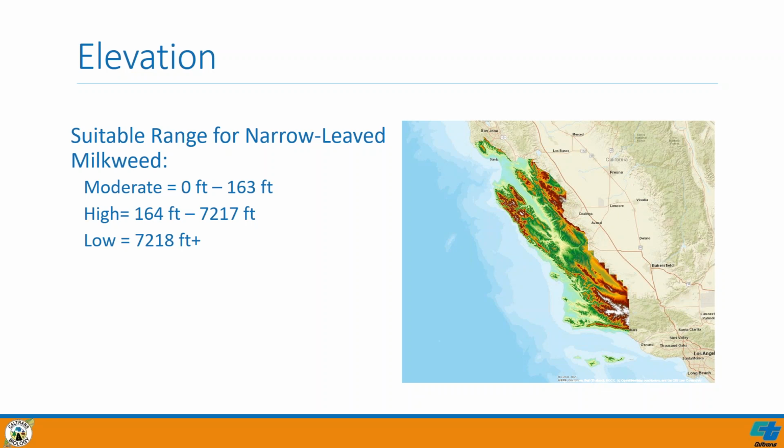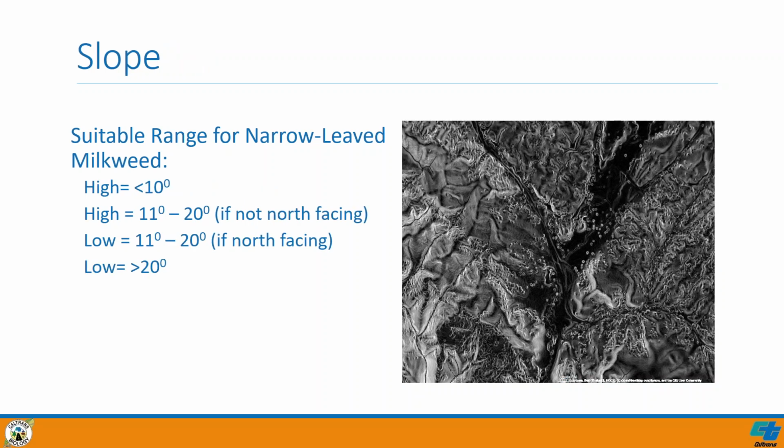In this case, moderate received a value of 1, high got a value of 2, and low was a value of 0, so we're excluding anything outside this range. All right, elevation. Now we start working on slope.